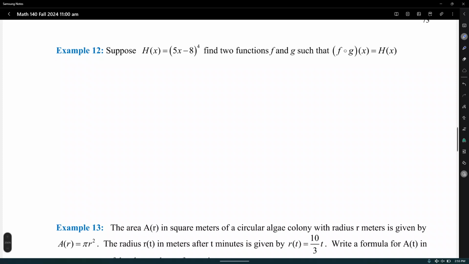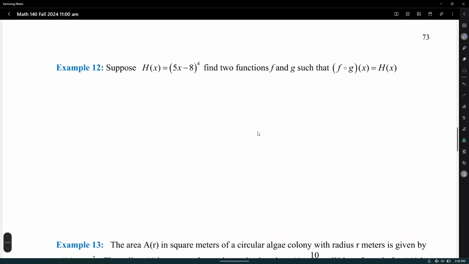Know that when we are doing this process backwards, there is not a unique way to show the parts that comprise the composition. There are pretty much infinitely many ways to get these functions.